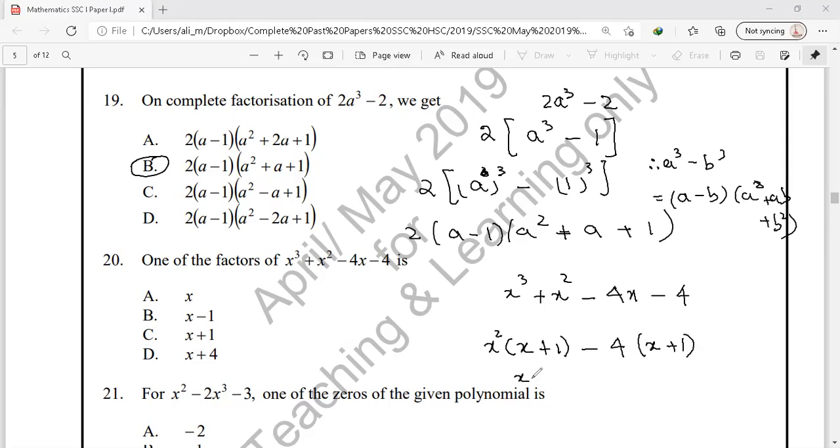On further factorization we will get (x minus 1)(x square minus 4). We can further factorize this as (x minus 1)(x plus 2)(x minus 2). So among the four options here, we see which factor matches the complete factorization of this expression. So for question number 20, we have option C as the correct answer.